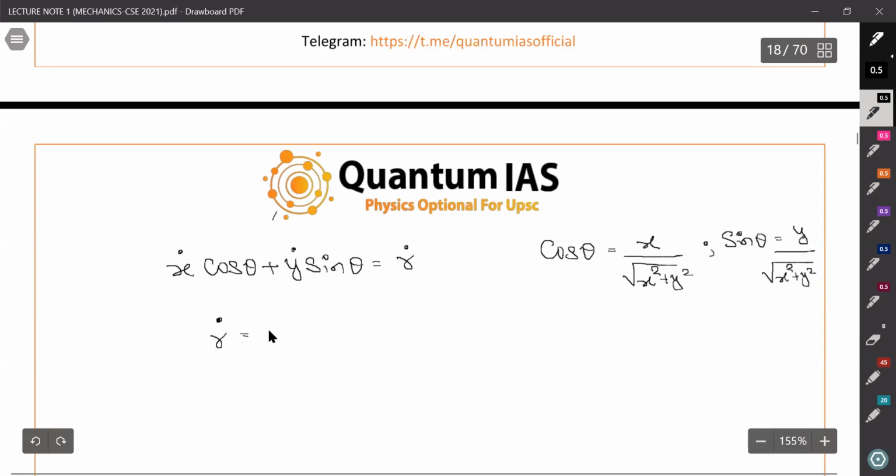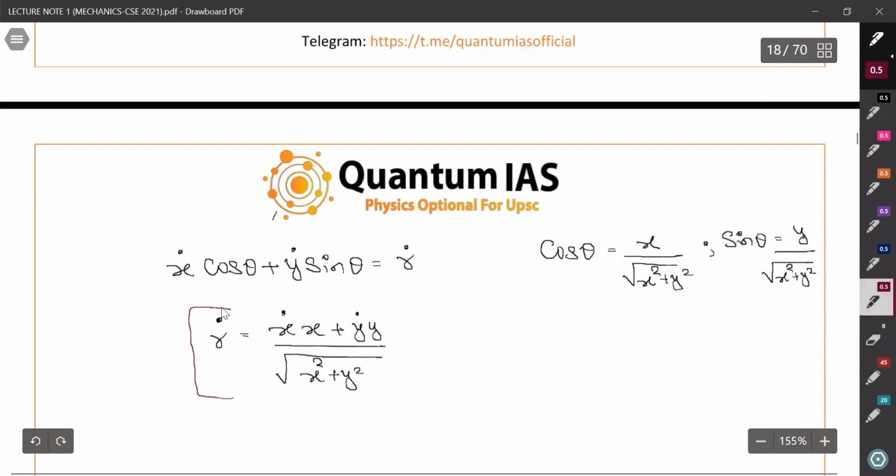So it will become x dot x plus y dot y, because we are given x dot and y dot, so we need to write these things in terms of x square plus y square. So this is the relation from where we can get this.